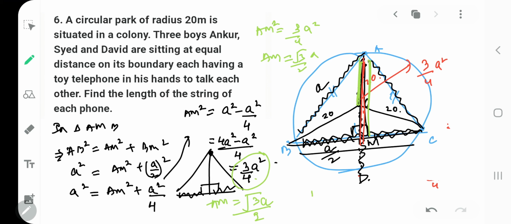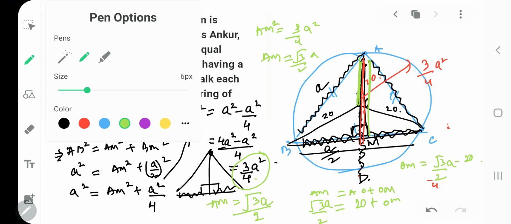Now AM is AO plus OM. AO is 20, OM we do not know, AM is root 3 upon 2 a. So from there you will get the value of OM is equal to root 3 upon 2 a minus 20. So you got the value of OM.